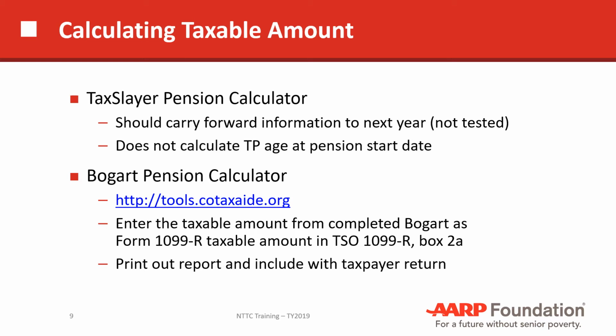We're going to go through the calculator itself in the next few slides, but when you do the Bogart calculator and you finally get to an answer as far as how much is excludable and how much is taxable in the current year, you just then go to TaxSlayer with that information and you put it right into box 2A, and you can be finished at that point, or as you'll see in the next slide, there's an alternative that I want to talk to you about as well. Nice thing also about the Bogart calculator is that it prints out a report, and you can include that report with the taxpayer's tax return, and you can refer to that in future tax years.